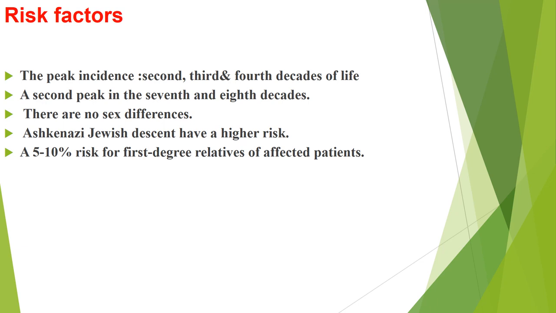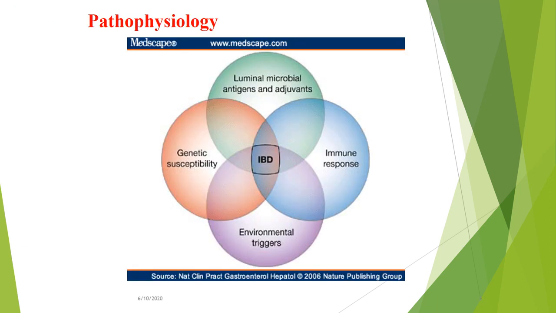There is no difference in sex, that means males and females are affected equally, but it is seen that it is very common in Jewish people. There is an increased incidence in first degree relatives of affected patients. That means it seems to have a hereditary pathogenesis.